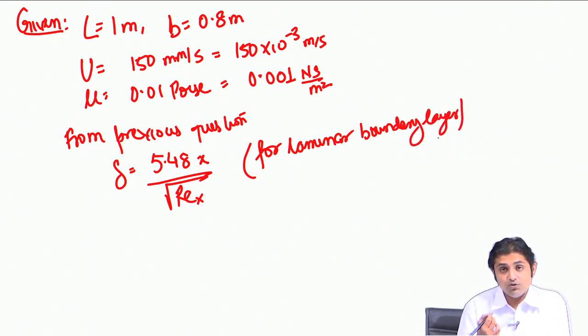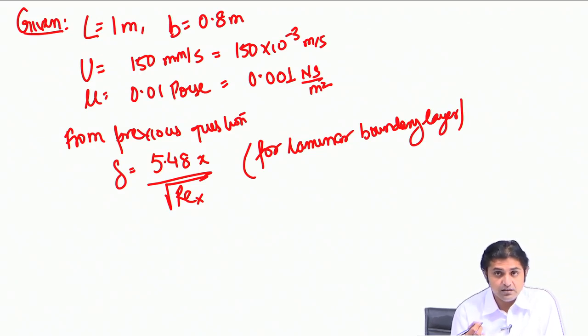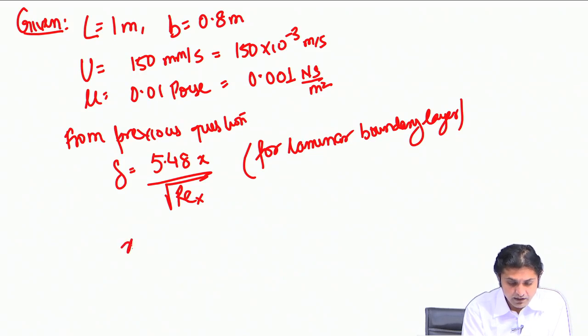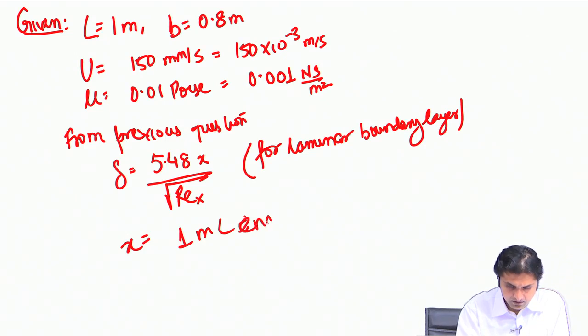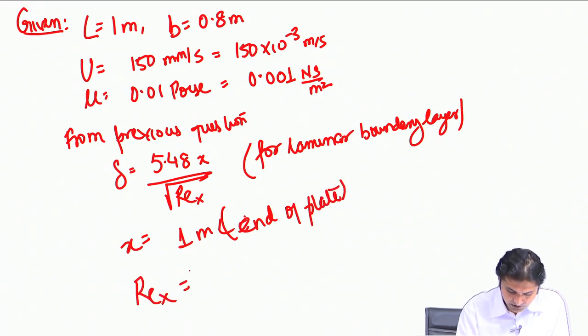Because we have used tau is equal to mu du dy, that is for the laminar boundary layer. At the end of the plate, x is equal to 1 meter.